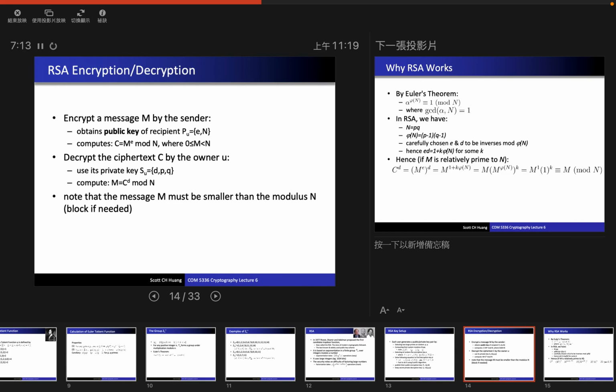So your message can be any number from 1 to n minus 1. And then for encryption, you simply calculate this power: M raised to the power of E.